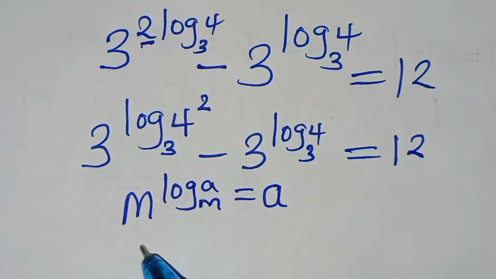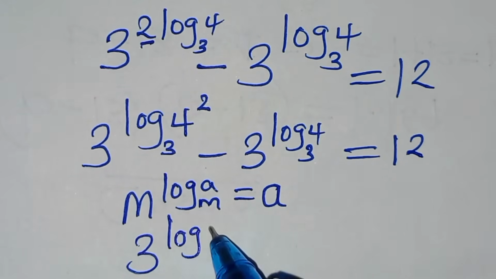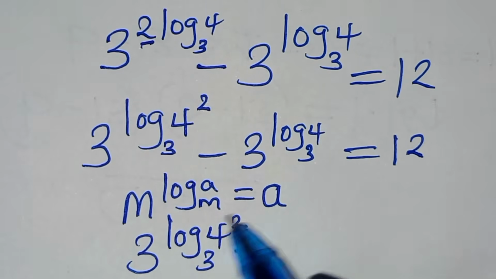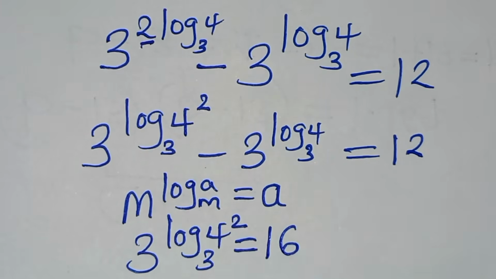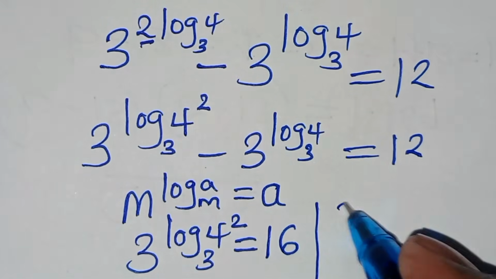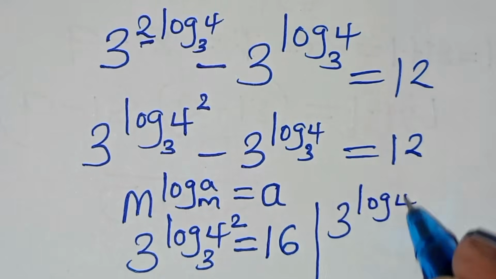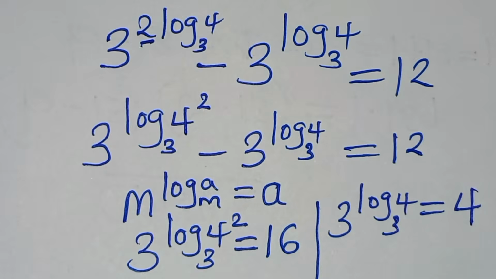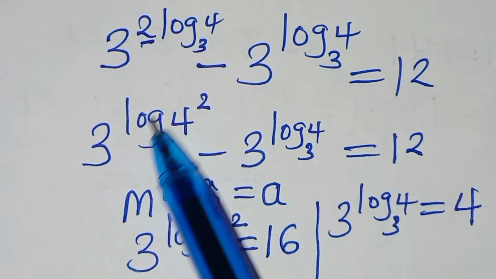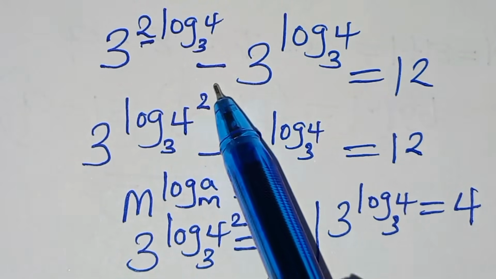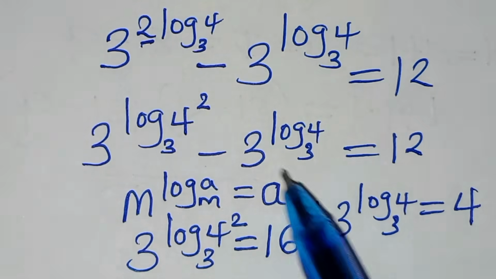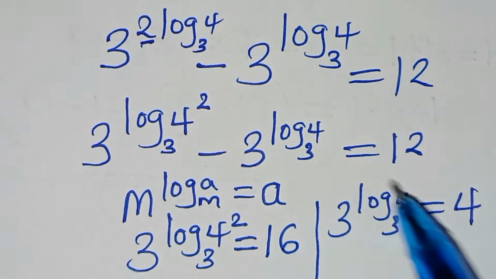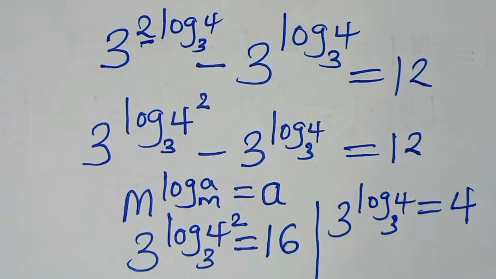So this implies that 3 to power log 4 squared to base 3 is the same thing as 4 squared, which is equal to 16. And then we have that 3 to power log 4 to base 3 is actually equal to 4. So already we have 16 and 4, and this becomes a bit easy.